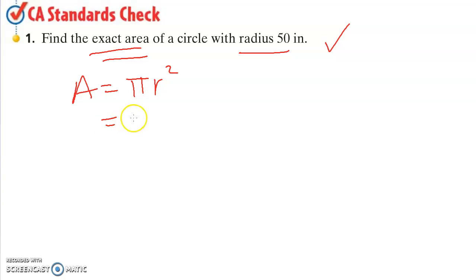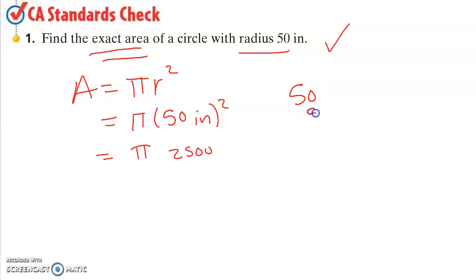Now we can go ahead and say this is the same thing as pi times 50 inches squared. 50 inches times 50 inches is the same thing as 2,500, because 50 times 50 would be 2,500 inches squared.